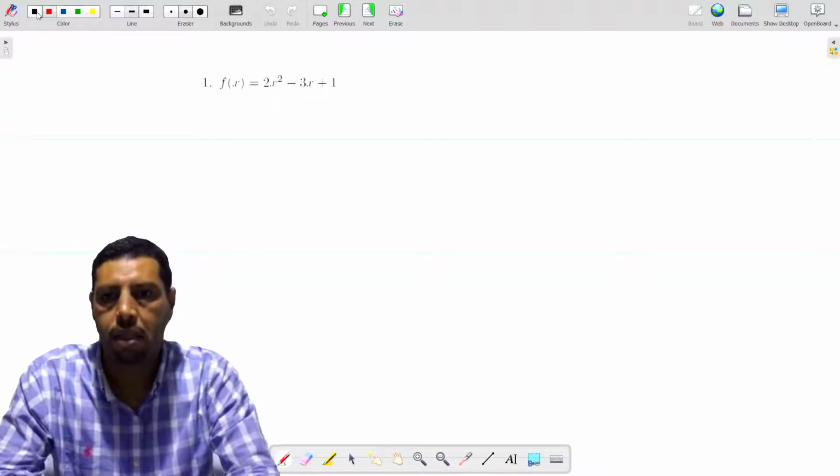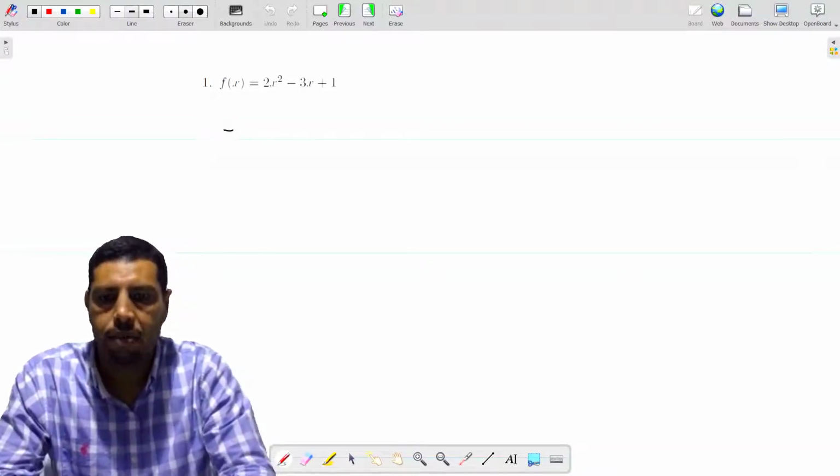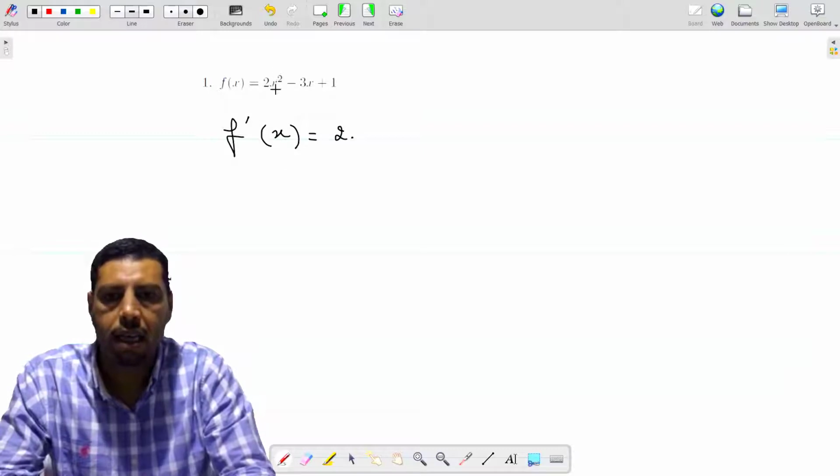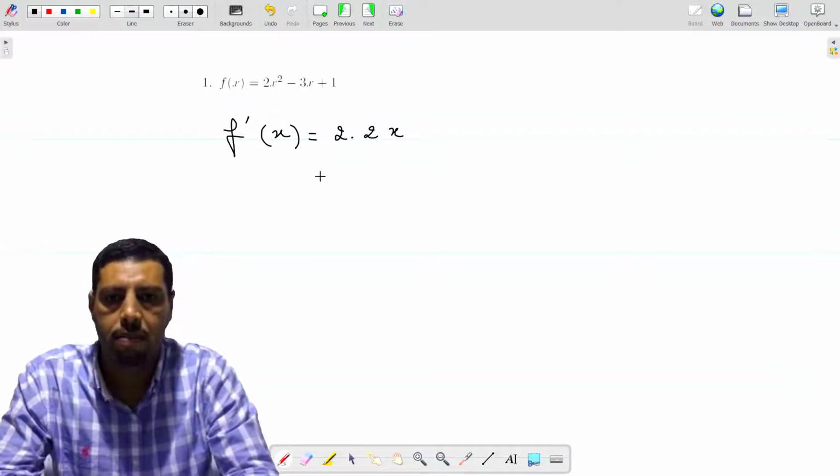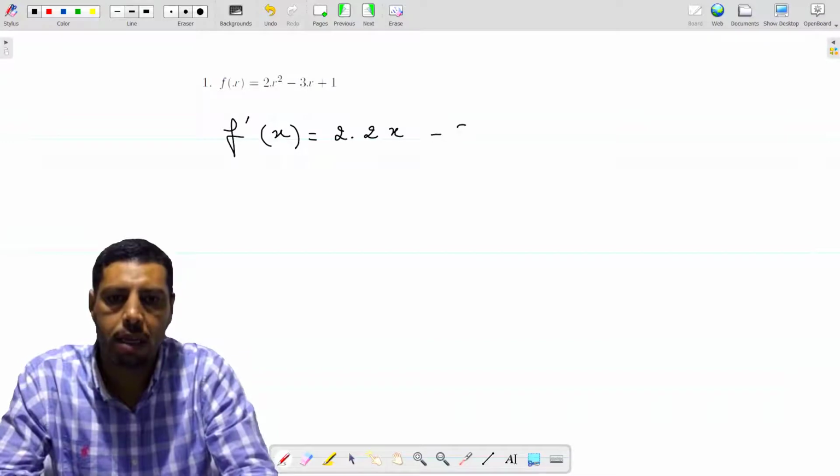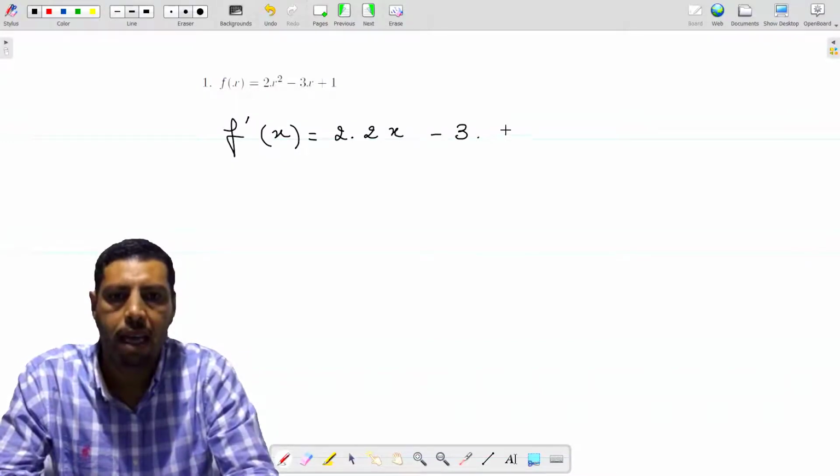Here we're going to use the power rule, as I said, and compute f prime of x equals 2 times the derivative of x squared, which is 2 times x to the power of 2 minus 1, meaning 2x. Then, using the power rule, minus 3 times 1 times x to the power of 0, since x is x to the power of 1.